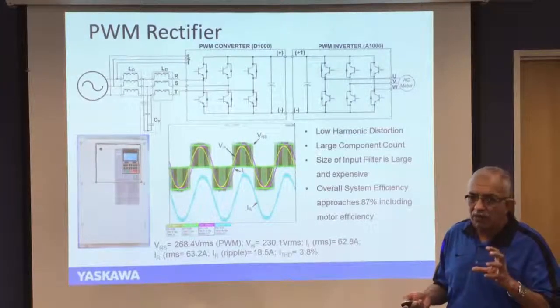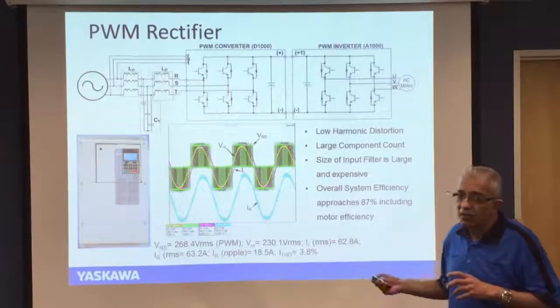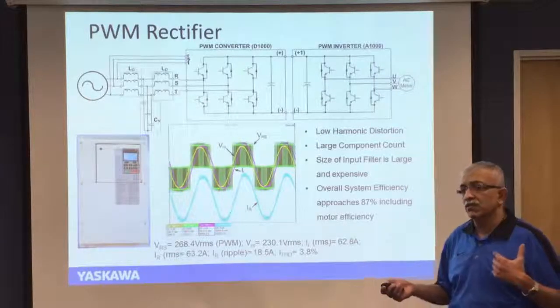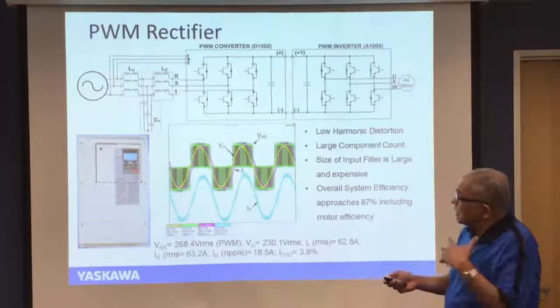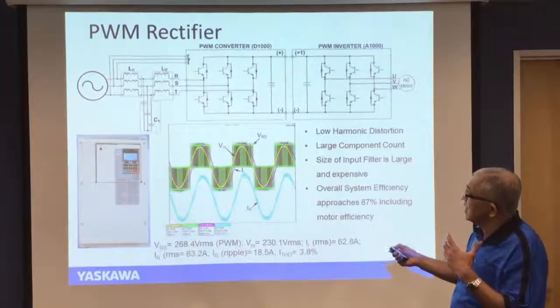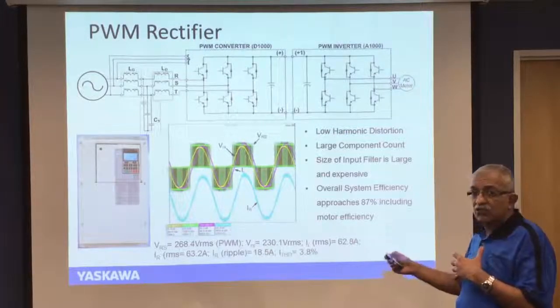For a small power system, for small loads, we may not be able to justify use of all these components. But for very large loads, maybe it is possible for us to justify it. Another way of looking at it is to use this intelligently so that it can be used for multiple drives, not just one drive on a drive-to-drive basis.